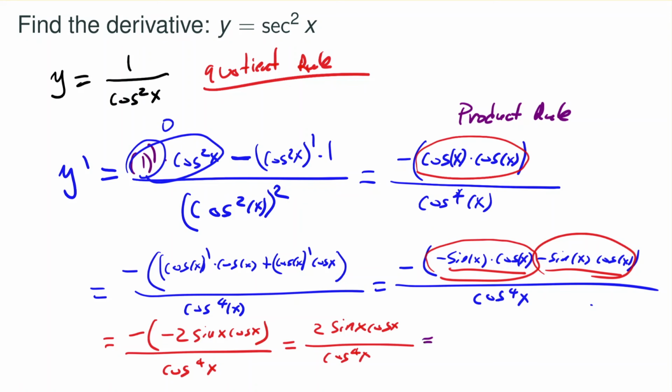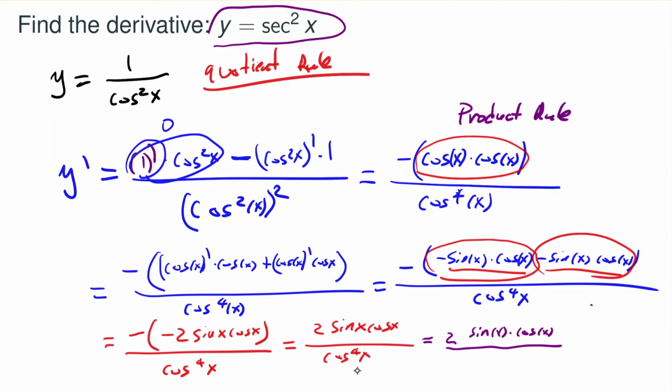Again, in general, if the function is not given as a fraction, like secant square, we want to rewrite it not in terms of a fraction like this, since it was not given as a fraction. Okay, so we can simplify. We have sine x times cosine x over, we have cosine x four times here, right?